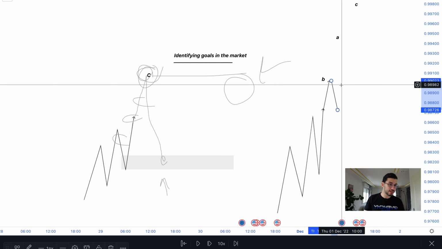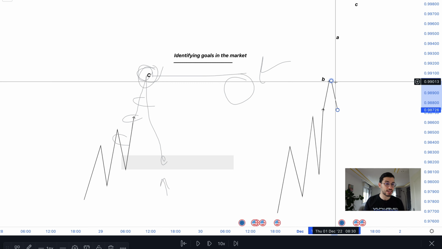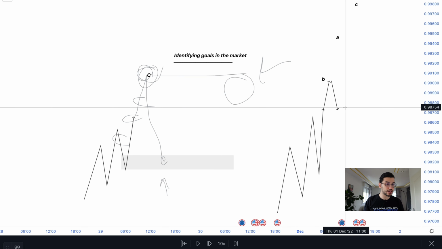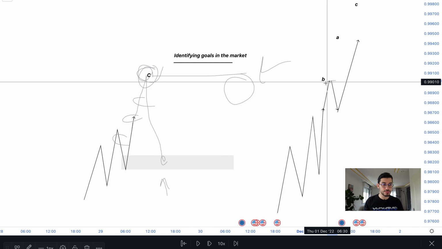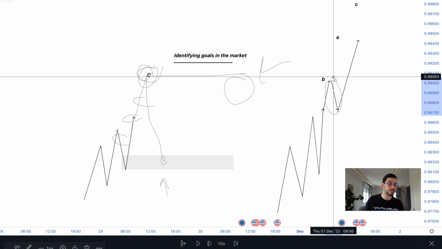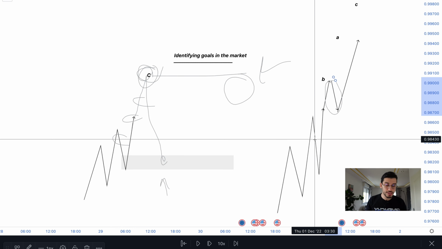So even if the goal of the market wasn't actually B and it wanted to push back into A, you can still get a profitable trade from this small retracement right here, even if you've identified the wrong goals. So this is one of the perks of also choosing goals based on metrics that are accurate, because you can then get this reaction, even this small reaction from this area that you'll be able to capitalize on, as I will show you on EURUSD right now.